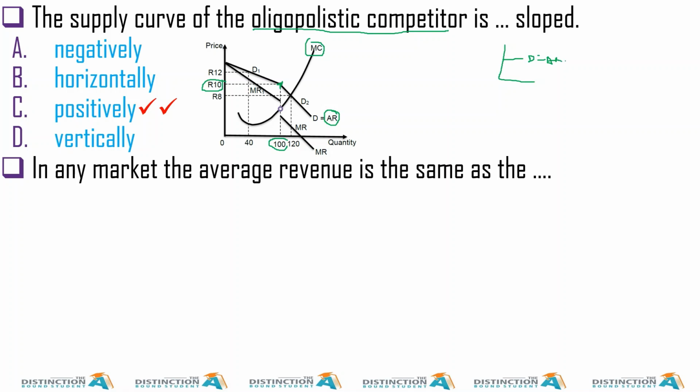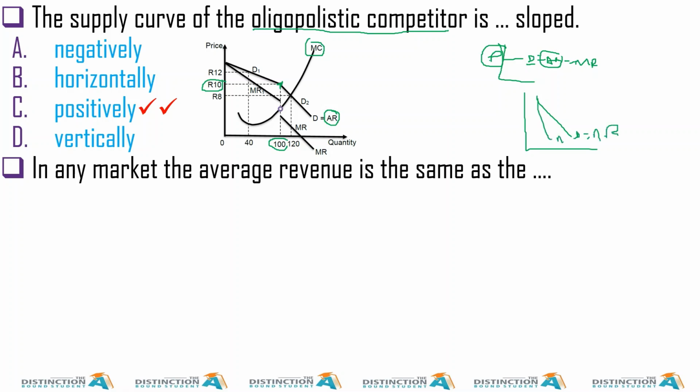I think you can see it's equal to our price. Okay, let's have this one. On this one D is equal to AR and equal to MR and also equal to price. So price is common because our AR is equal to price. It's also equal to D though.